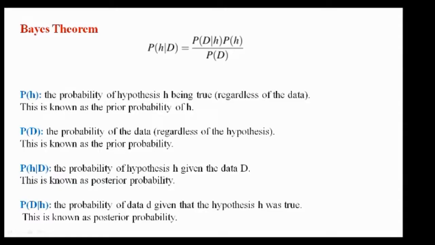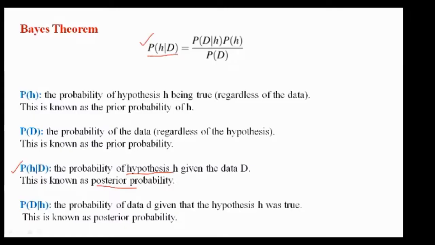P of H given D, that is written here, the probability of hypothesis H. Hypothesis means we are assuming something and then checking whether that is true or not. So the hypothesis is H, the probability of hypothesis H given the data D. D is the data, and this probability is known as posterior probability. This we want to find, whether our hypothesis is true or not.